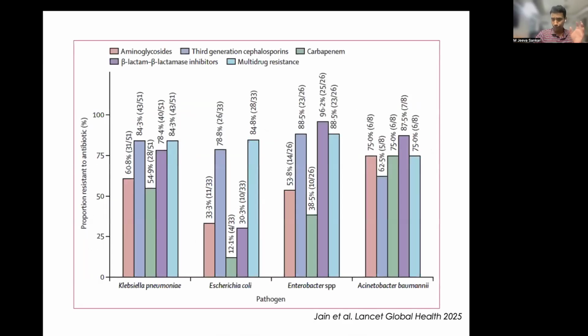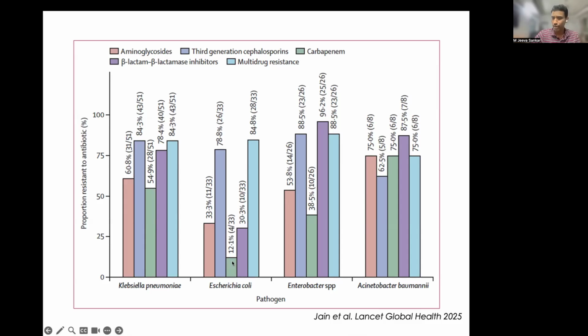And if you look at the resistance pattern, on the x-axis you have the organisms, and on the y-axis we have the proportion resistant to antibiotic. Let us look at multi-drug resistant and carbapenem, the sky blue and the green bars. In Klebsiella, 84% are multi-drug resistant and about 55% are carbapenem resistant.